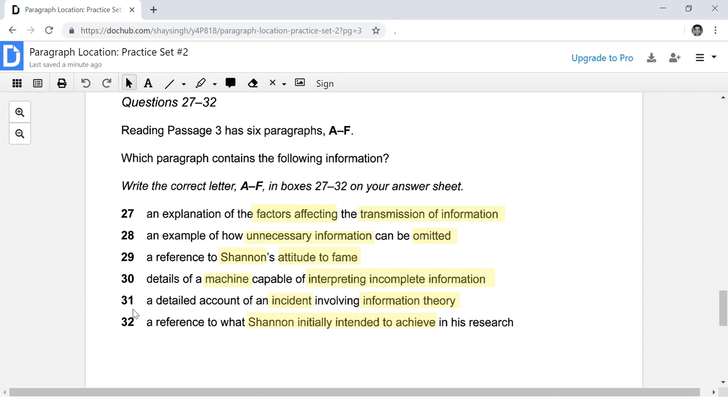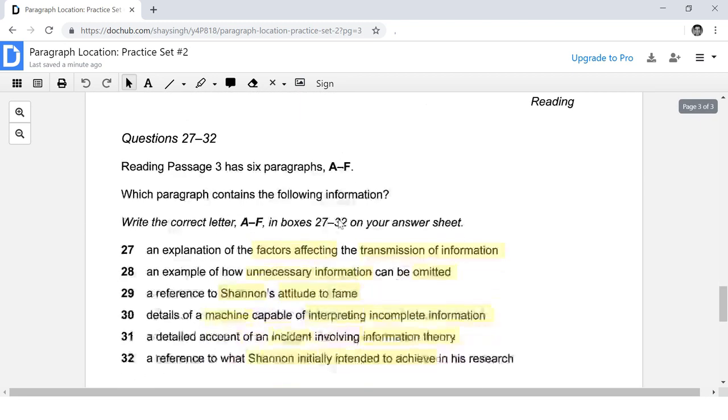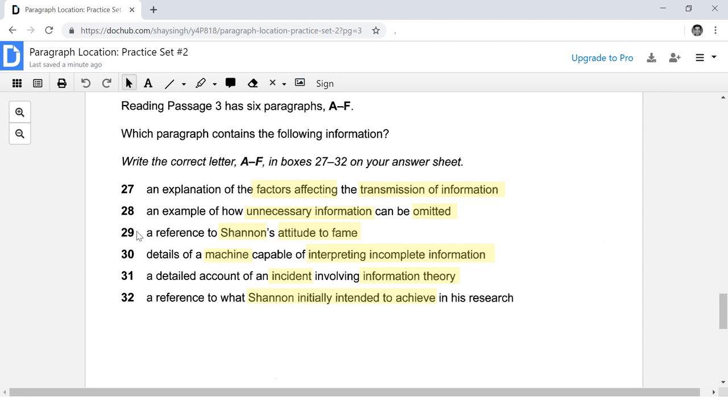So in these questions, we are assuming that we have already found some keywords related to the keyword Shannon. So we're going to start off by looking for the answers to question number 29 and number 32, because both of these questions have the keyword Shannon in them. Alright, so now when I start to scan my paragraphs and the area around the keyword Shannon, I'm going to be looking for 2 pieces of information.